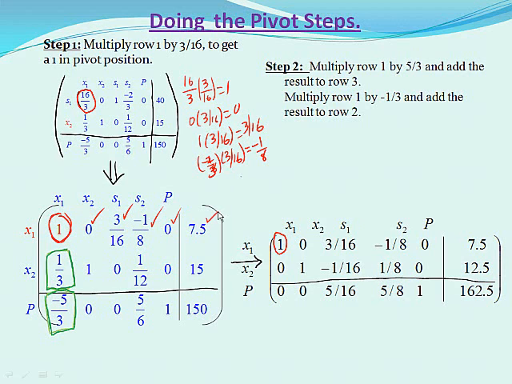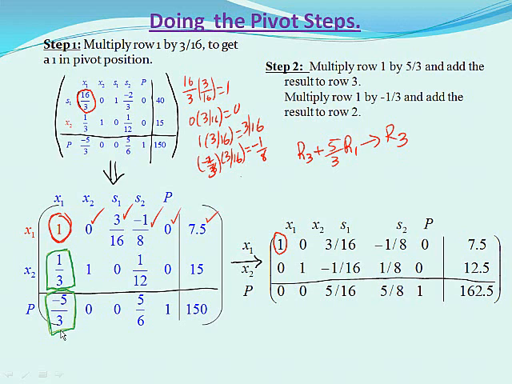Do the row operations to get zeros at the remaining locations of the pivot column indicated by the green boxes. This is our step 2 of pivoting. The calculations are done as follows. Multiply row 1 by 5 by 3 and add the results to row 3. Let's do the calculation here. Row 3 plus 5 by 3 multiplied with row 1 is replacing row 3. That is the operation that gives 0 at the location negative 5 by 3.